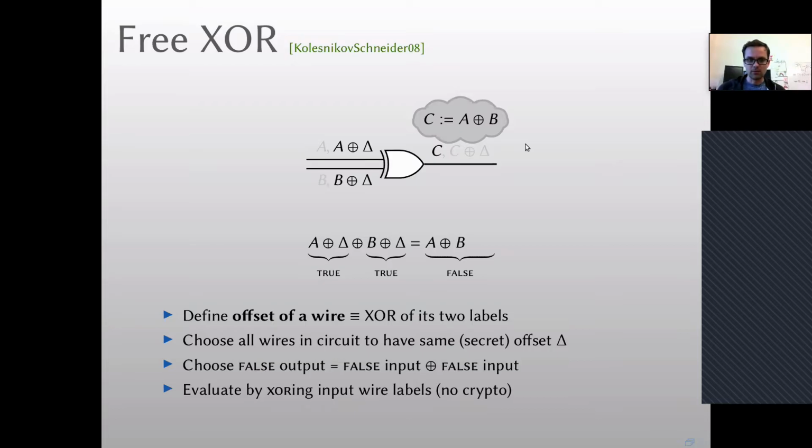I don't have to send you anything. And you don't have to do any crypto operations. You don't have to decrypt a ciphertext. You just XOR your labels together. That's why it's called free XOR. So using this technique, XOR gates can be free. Free in terms of communication, which is what we're measuring here today.